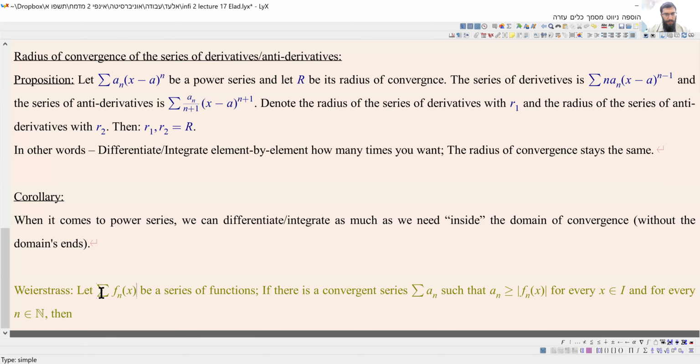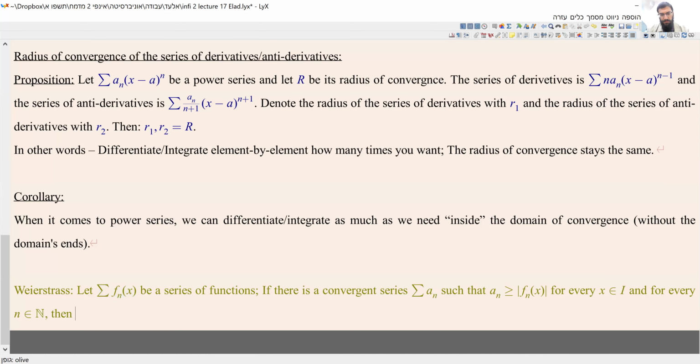Then the series of functions is uniformly convergent.